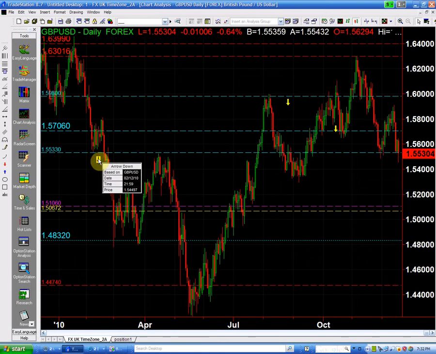When it breaks from the 155, it takes us all the way down. Again, the end result is the 148.32, but at the first stage it should be somewhere around the 151.